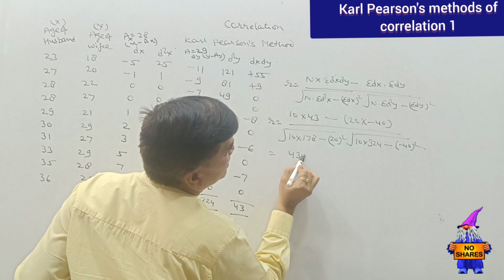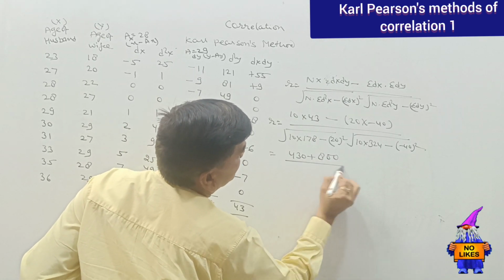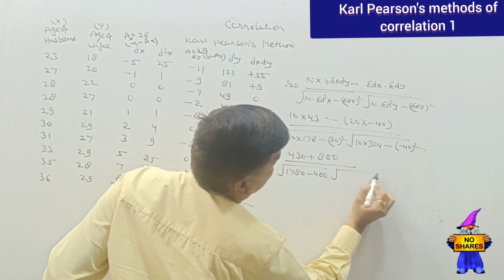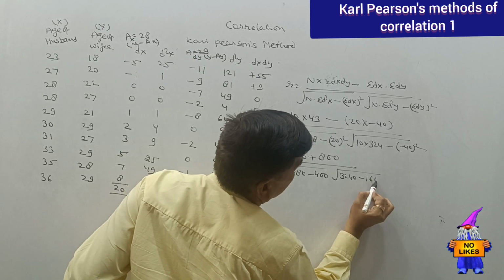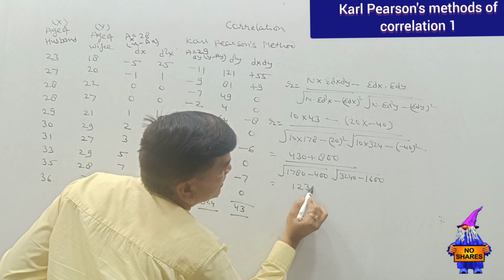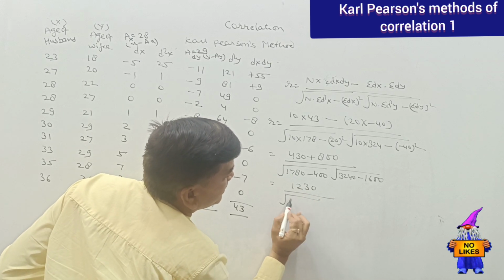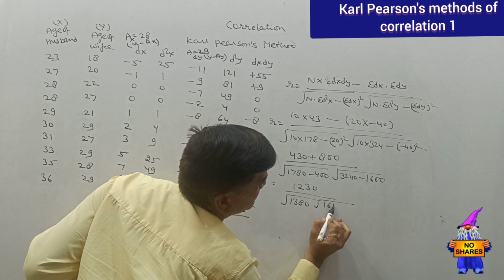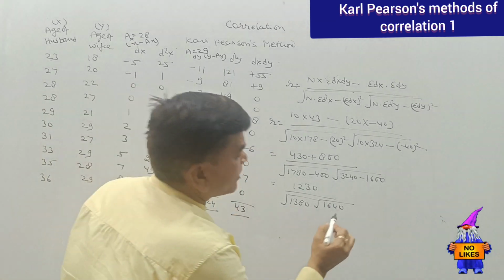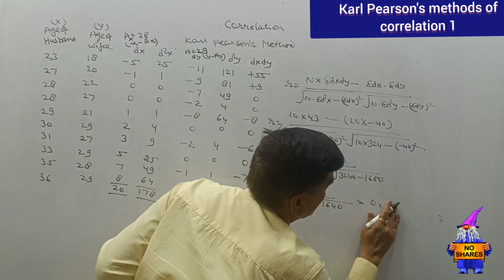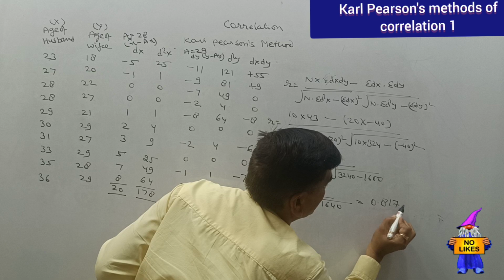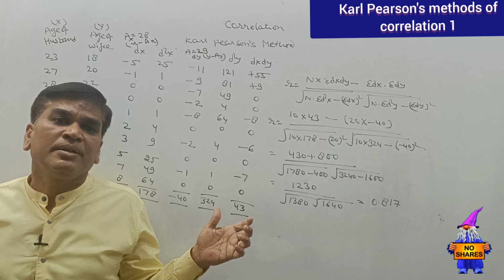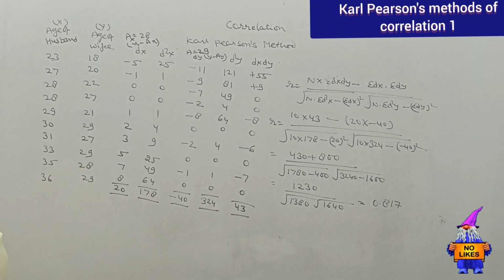So that is 430 plus 800 divided by the root of 1780 minus 400 and the root of 3240 minus 1600. So 1230 divided by the root of 1380 and the root of 1640, and if you calculate, you will get 0.817.